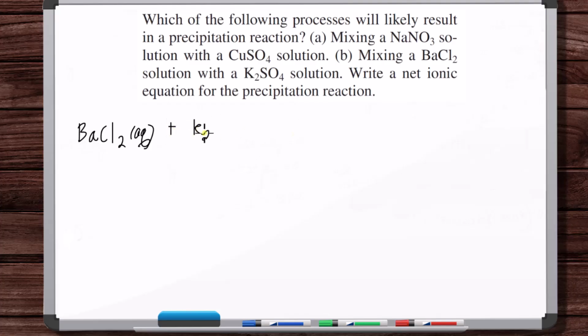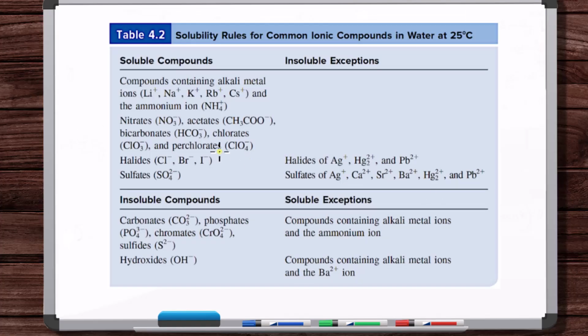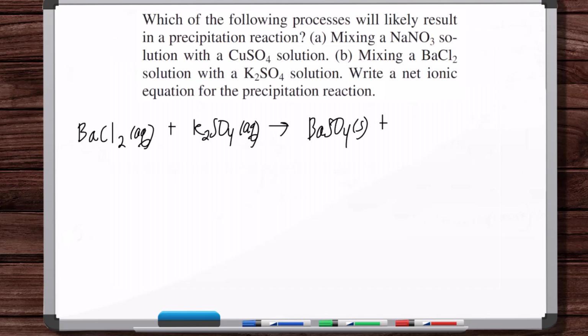And potassium sulfate, and so we know the Ba2+ and the SO4 2-, when they interact, that's going to form a precipitate. Now, what about the potassium and the chloride when they interact? Well, anything involving potassium is going to be soluble, any ionic compound involving potassium. So K+ and Cl-, just KCl, aqueous.